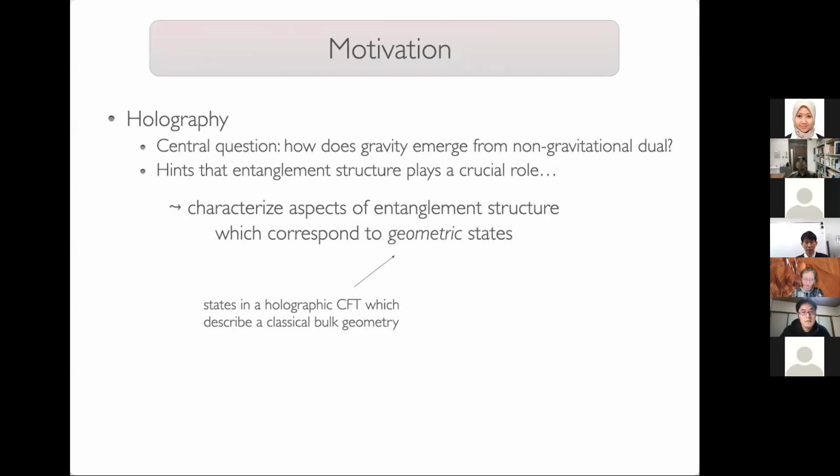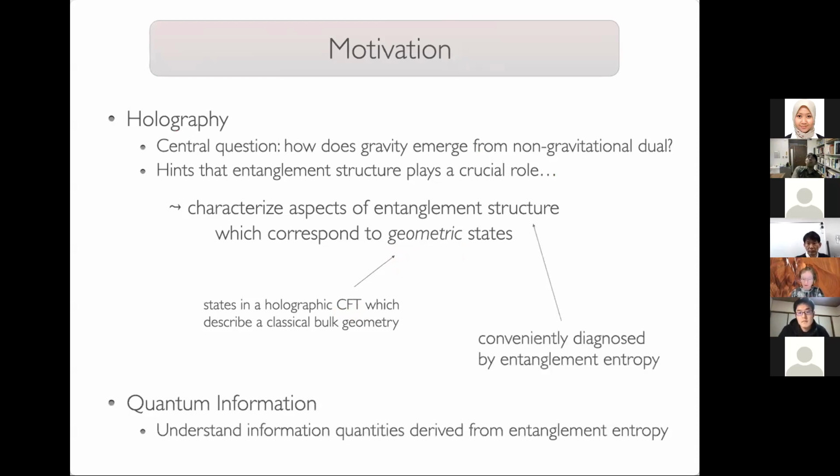By which I mean states in a holographic field theory which would describe a classical bulk geometry. Now, what I mean by this entanglement structure is a bit more obscure, but what I really mean is just structure in entanglement entropy of subsystems.